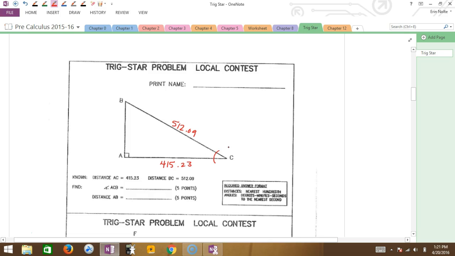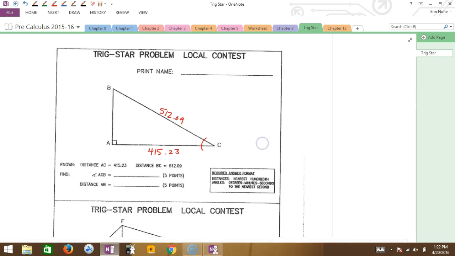Since this is a right triangle, I can use my SOHCAHTOA. We have the adjacent and hypotenuse sides. Make sure that you are showing your work on this worksheet. If you give me answers, I'm just going to assume you wrote them down off the back page, because the back page has the answers on it. So show your work.